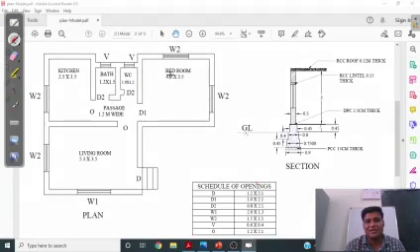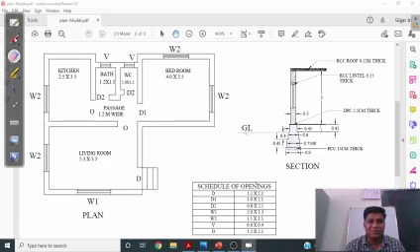That is, if the opening is this much, you have to consider half the area, because there will be soffits and jambs for the window to be finished. So in order to compensate for that, I am not going to consider jambs and soffits, and only deduct half.